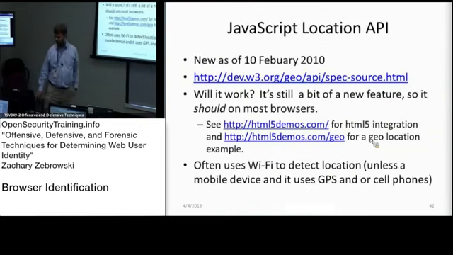The JavaScript location API is pretty cool. Basically, what you're doing is your web browser is looking at the surrounding Wi-Fi access points, and Google has a database of Wi-Fi access points and locations, and depending on what access points you see, it will return the location based on a summary of that information.